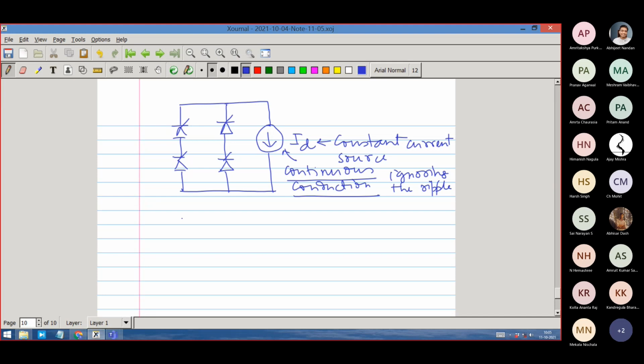Using this simple model that load is like a current source, you already know that as such nothing is directly available as a current source. Here the load has a heavy inductor. Load is essentially consisting of R, L and C, but the inductor is so heavy, so large, that the ripple in the current, small id, is neglected. Right? Ripple, ignore the ripple in small id.